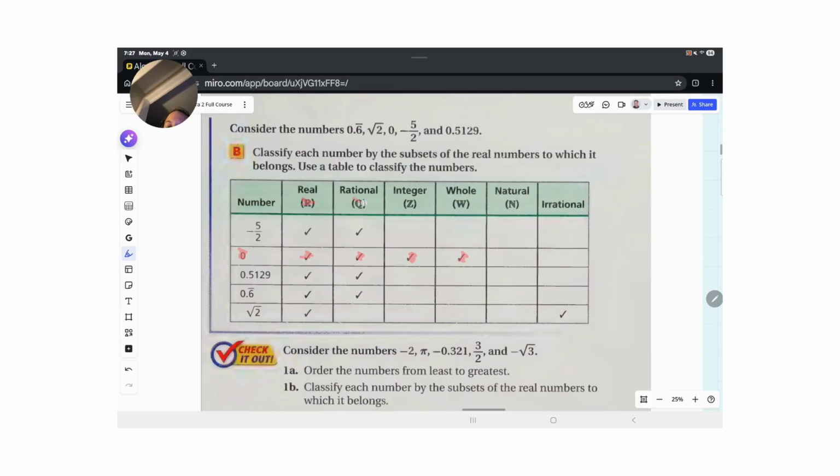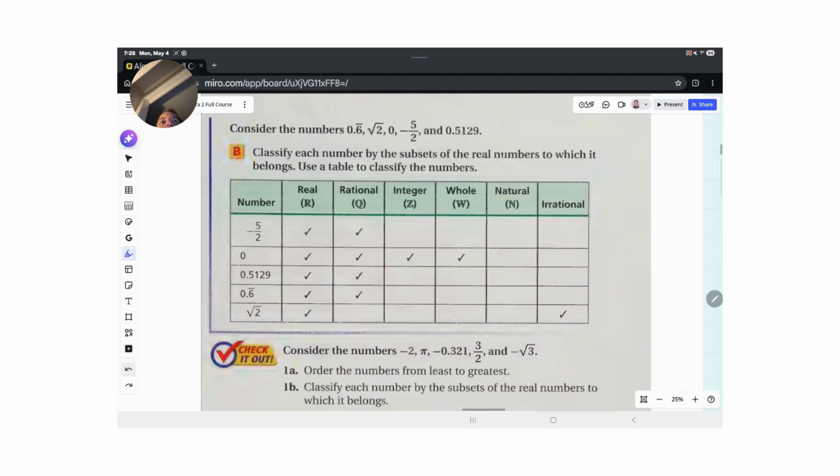In other words, R, Q, Z, W. 0.5129, real and rational. 0.6, with the repeating bar over it, real and rational as well. And then we already covered the square root of 2.